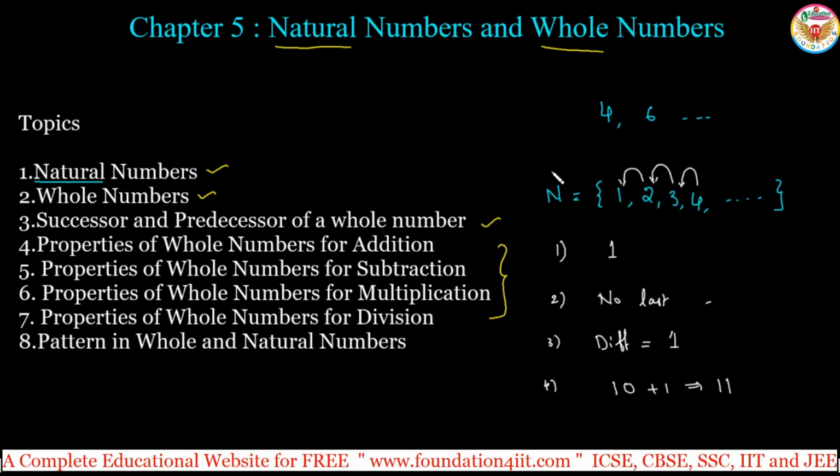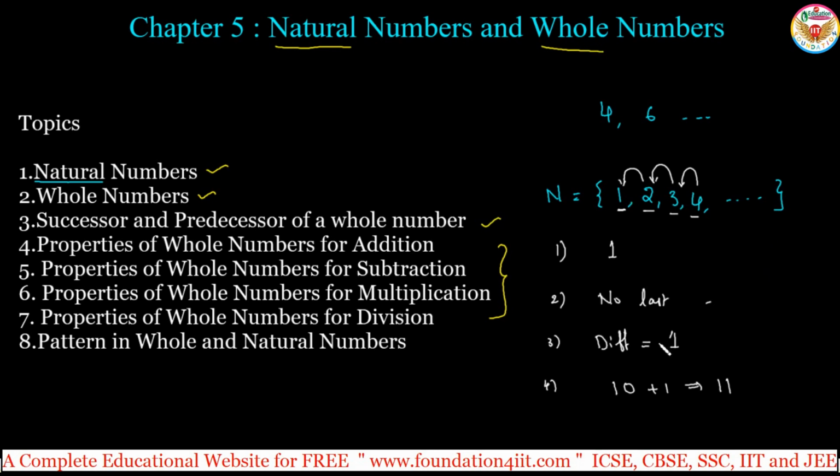Remember, the main thing is natural numbers are nothing but counting numbers. To count, we start with 1. So 1, 2, 3, there are no decimals in this. Only 1, 2, 3, 4, and so on. There is no 2.1, 2.3. So no decimals, remember. Only the counting numbers are the natural numbers. Even fractions like 3 by 4, 4 by 6 are not natural numbers.